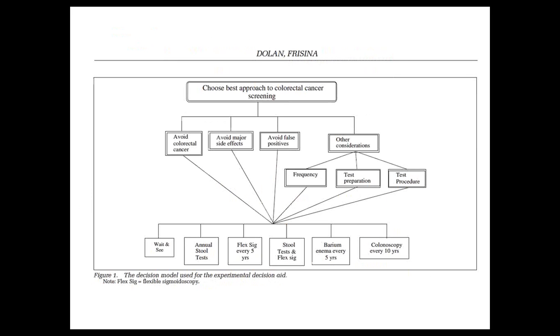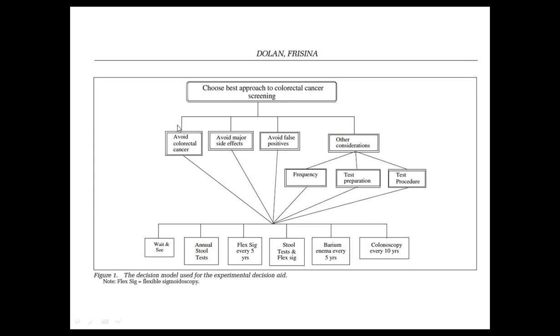And the value tree for this analysis is as follows. This is the objective of the analysis: of course, choose the best approach to colorectal cancer screening. Again, not the best option per se, but the best approach for that specific patient.